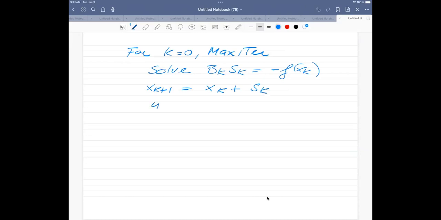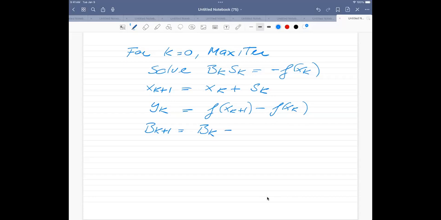I then define a new quantity, which I call y of k, which is simply given by f of x of k plus 1 minus f of x of k. And then we can show that the next step, B of k plus 1, is given by the previous value. And now I'm just using the secant, but I have to explain to you how we use the secant in just a moment. So I'm just setting up the algorithm here.